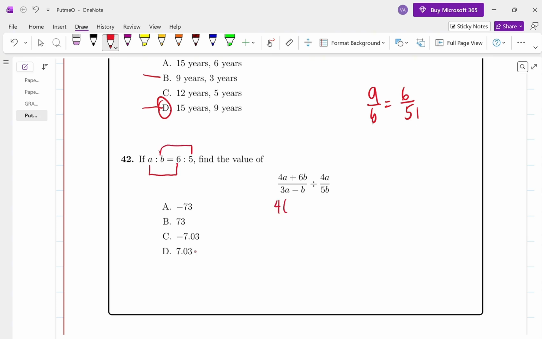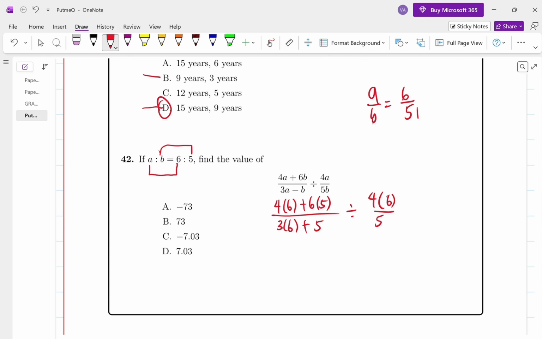So this will be 4 times 6 plus 6 times 5, divided by 3 times 6 minus 5, divided by 4 times 6. So anywhere I see A, I'll put 6, and anywhere I see B, I'll put 5.